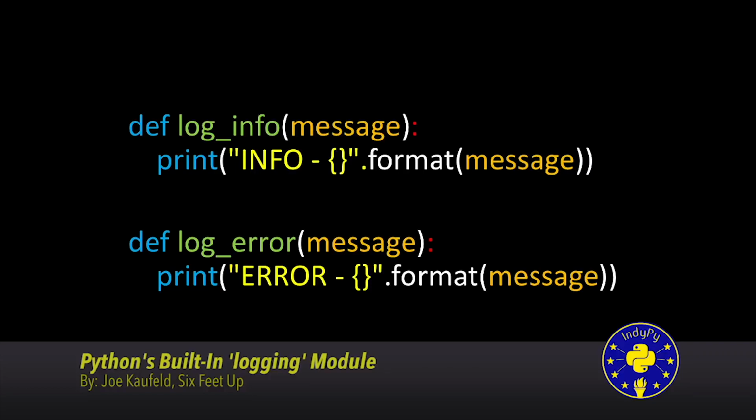I thought I was hot stuff because I managed to build my own logging system. And I was so close. I even had the function names. If I had just known that there was a thing that I could have used. And there is a thing that we can use.